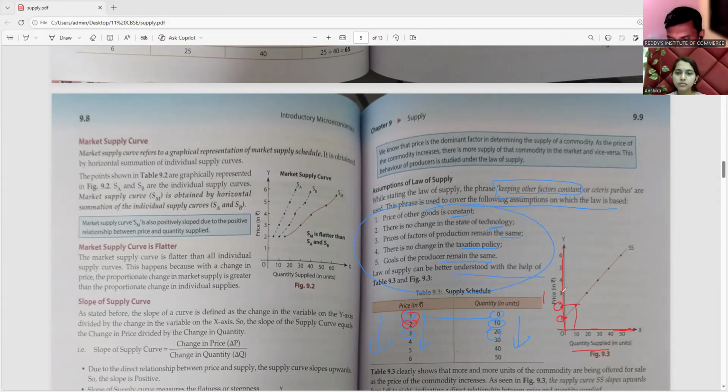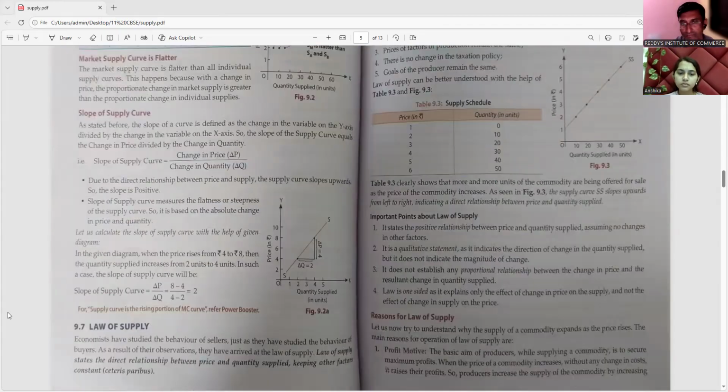When price increased from 2 to 3, he supplies 20. From 3 to 4, 30. From 4 to 5, 40. From 5 to 6, quantity supplied is 50. So again in this case your slope is going upward. This is the graphical representation of the assumptions of the supply curve.